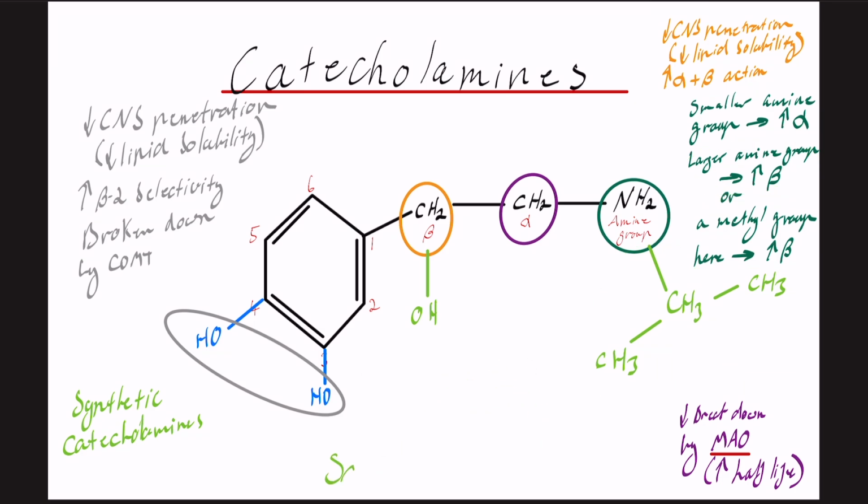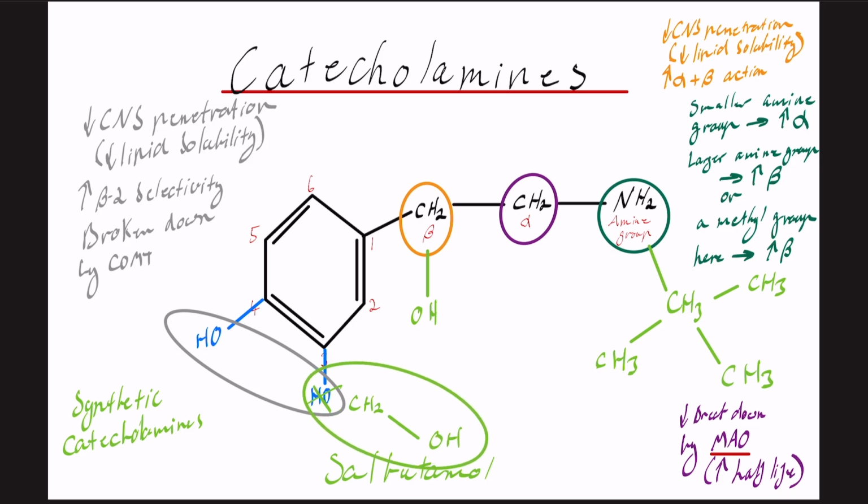Next, we'll talk about salbutamol. Salbutamol has a similar structure to isoprenaline, which we described as a non-selective beta agonist, but salbutamol is a selective beta 2 agonist. So it has this butyl substituent that's added on to the amine group, which makes the amine group larger. But then also on the catechol ring, it has at position 3 this methyl group with the hydroxyl group added on. And what this does is it increases beta 2 selectivity.